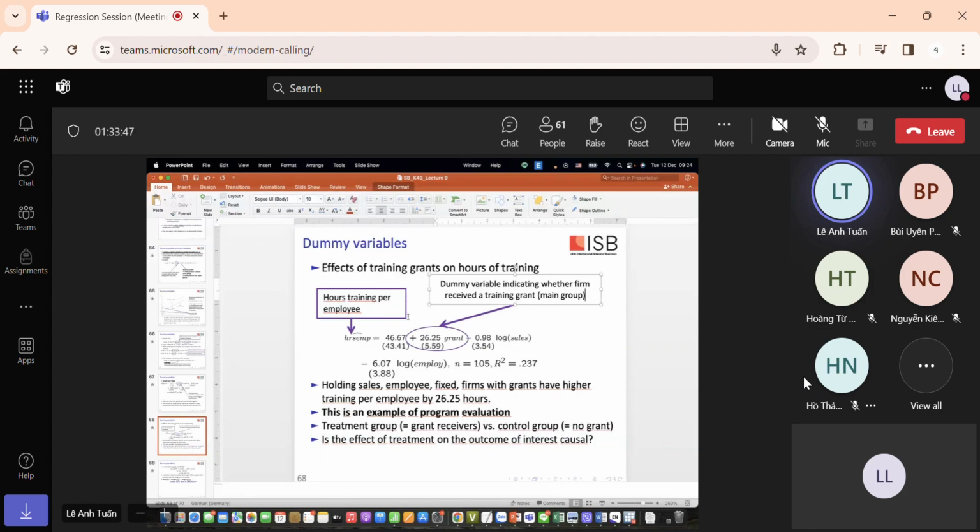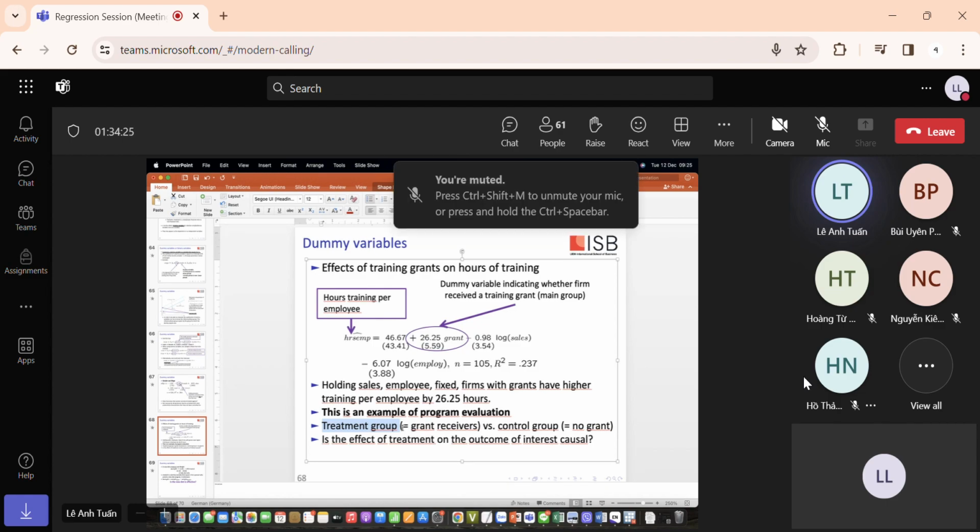That means we compare the effect between groups. In the empirical analysis, they define the main group, for example the grant receivers here, as the treatment group, and the firms that do not receive anything as the control group. Then they compare the outcome, for example training per employee, between the treatment group, the group affected by the policy, and the control group.